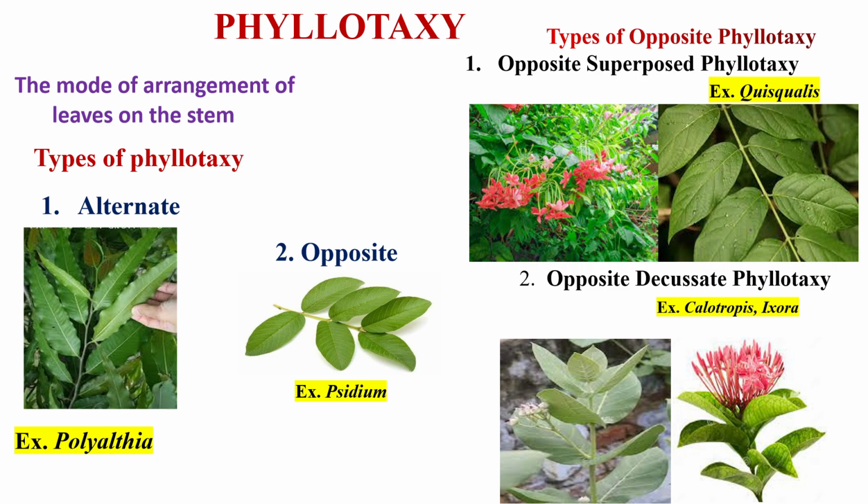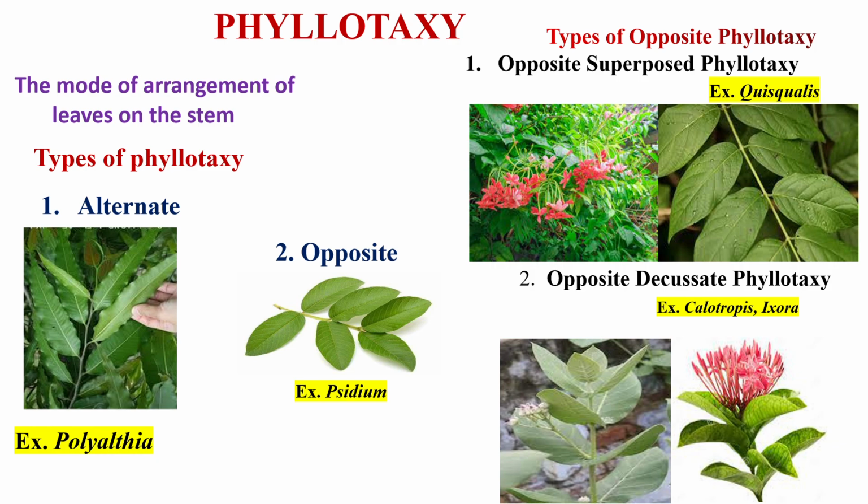Example, Psidium. This phyllotaxy is again classified into two. In opposite superposed phyllotaxy, a pair of leaves attached to the nodes at the same angle stand one above the other. Example, Quisqualis. In opposite decussate phyllotaxy, pairs of leaves attached to the nodes at right angles to one another and oriented in four vertical rows.